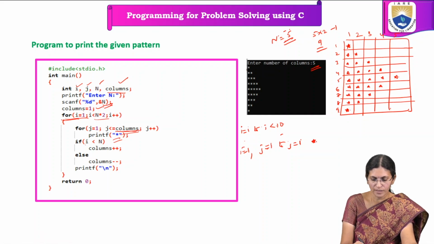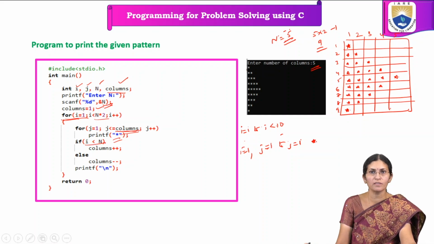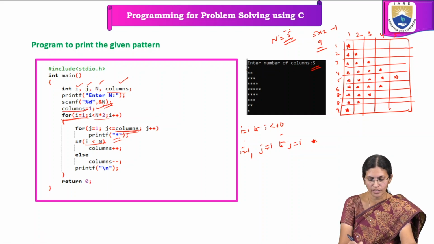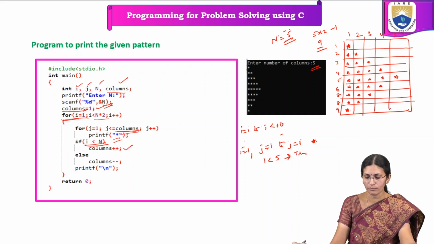Then this condition is checked, based upon which the columns variable is either incremented or decremented. If it is less than n, here 1 is less than 5, this condition is true. Therefore the columns value will be incremented by 1. In the next iteration, columns is equal to 2.